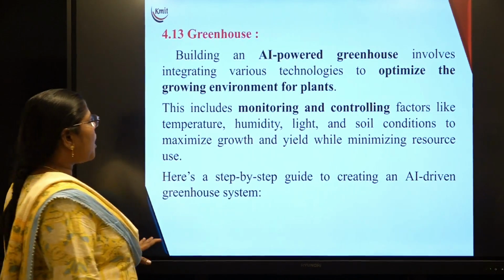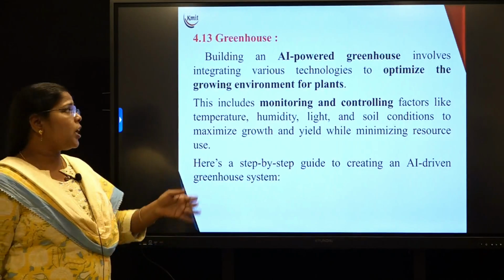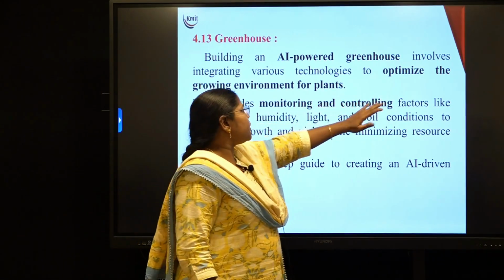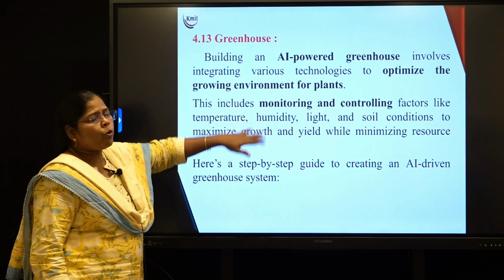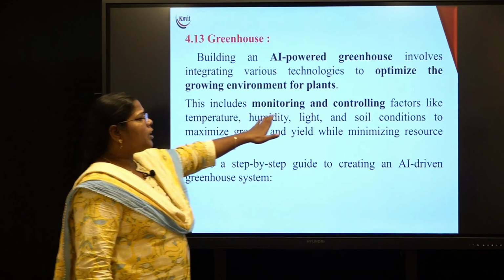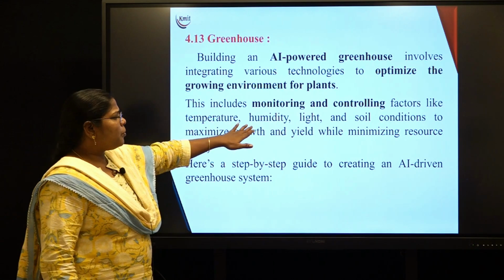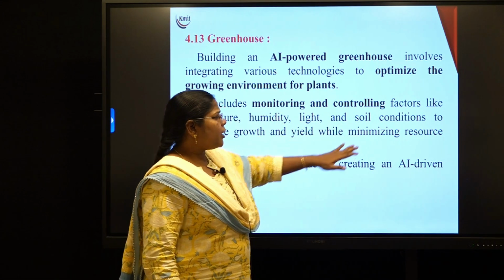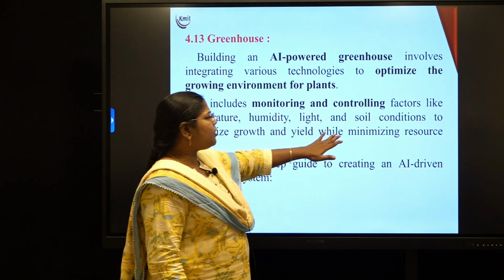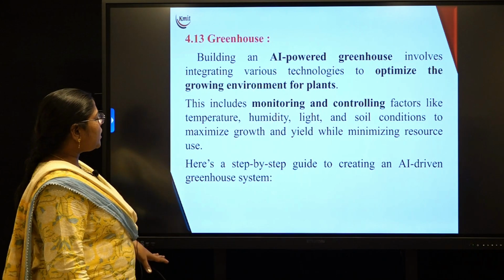What is a greenhouse? An AI powered greenhouse involves integrating various technologies to optimize the growing environment for the plants. This includes monitoring and controlling factors like temperature, humidity, light, and soil conditions to maximize the growth and yield while minimizing the resource use.